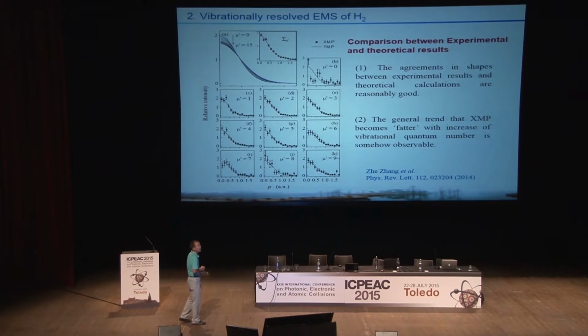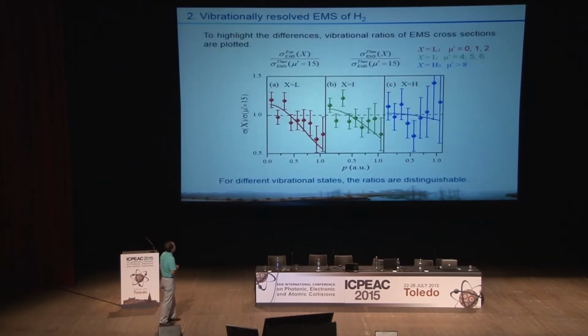Secondly, we can see the general trend that the momentum profiles become fatter with increasing vibrational quantum number. To highlight this difference, we plot the vibrational ratios of cross-section here.